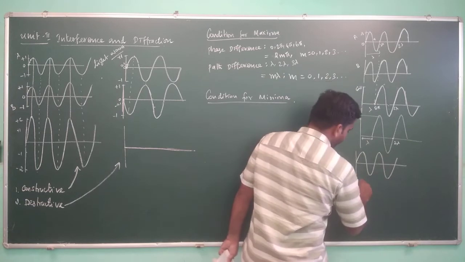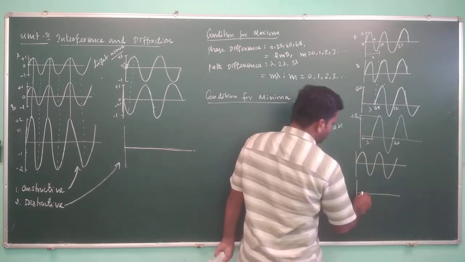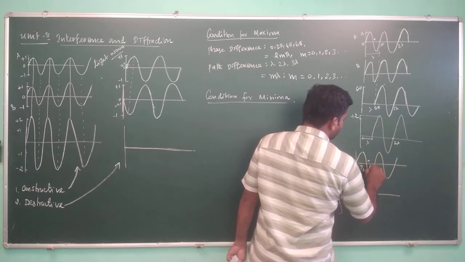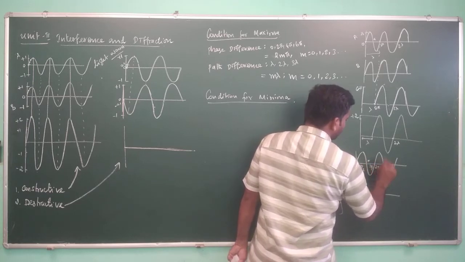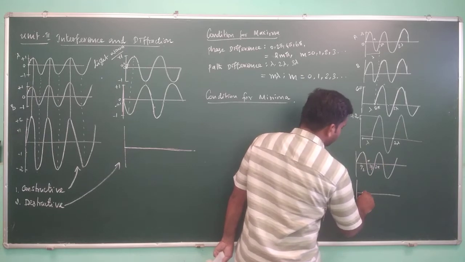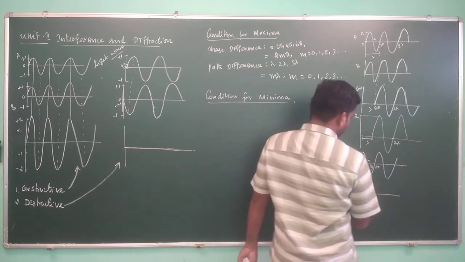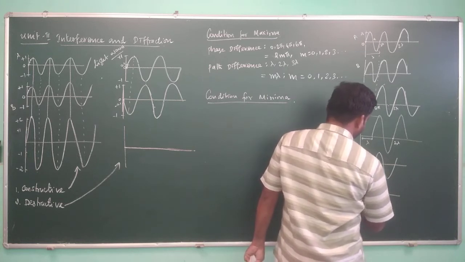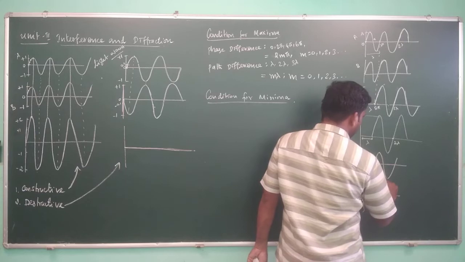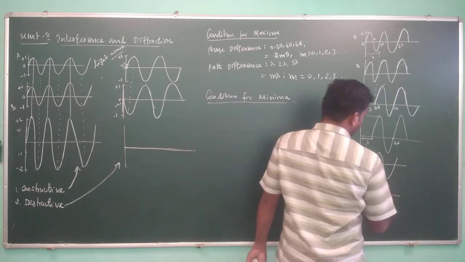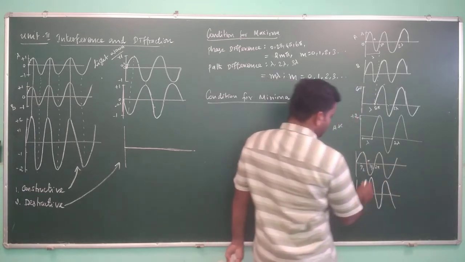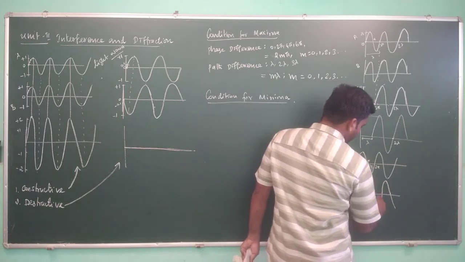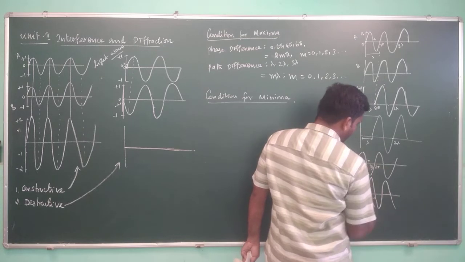This is one wave. The other wave: this is 0, this is pi by 2, and this is pi. Here it is 3 pi by 2 and 2 pi, right? Now we have a wave which is starting from pi.